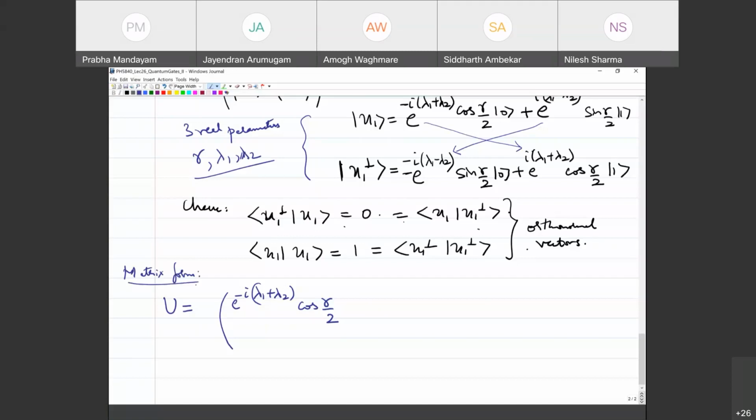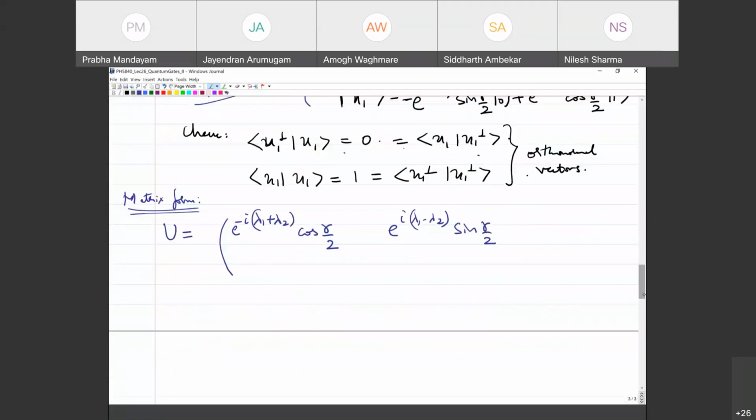Okay. And then e to the i (lambda 1 minus lambda 2) sine, oh, oops, sorry. This should come here. Sorry. This comes with a minus sign and a minus sign here, right?